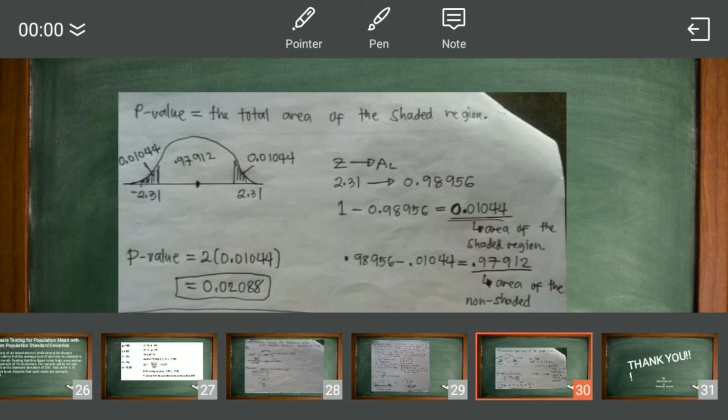Okay, so meron po tayong 0.98956. Okay, so para po makuha natin yung area of the shaded region, we will just subtract 0.98956 from 1. And then we will get 0.01044. So ayan po yung nakalagay dito sa ating normal distribution curve.